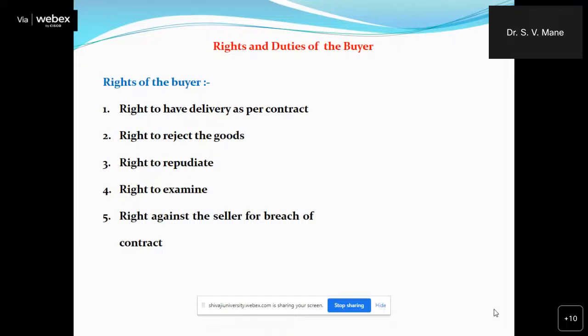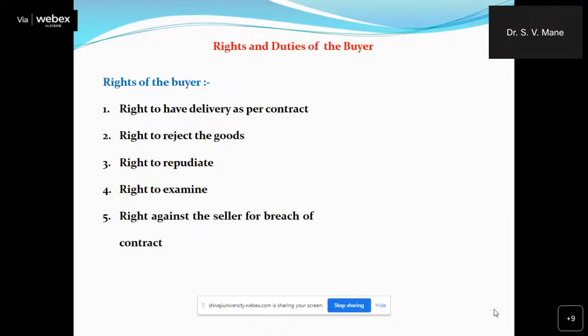From that date, the buyer can take interest on whatever amount was paid by them. So this kind of right is also given under the Sale of Goods Act, which is rights against the seller for a breach of contract.